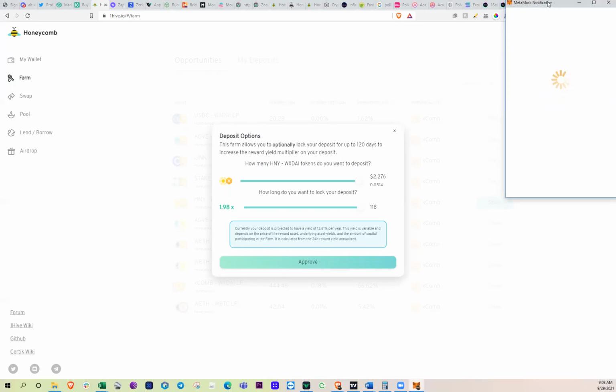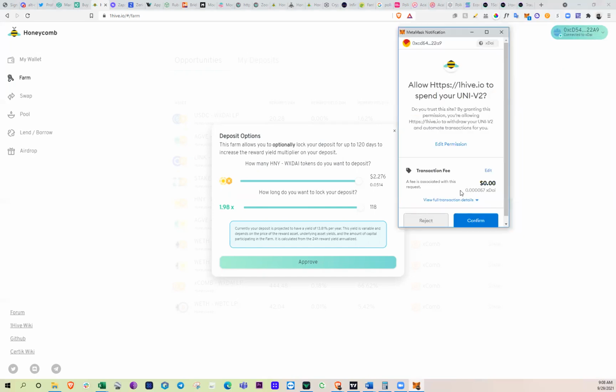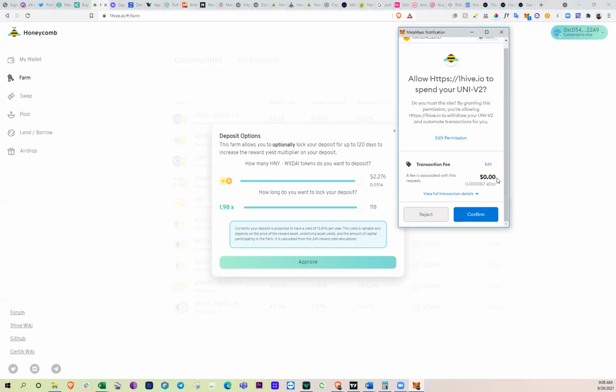But this is the best part. When I hit approve, look at how much the transaction fee is. Nothing. XDAI is actually a stable token on this side, so it is worth $1. And I'm paying, yeah, not even a penny or a tenth of a penny or a 1/100th of a penny to do this transaction.